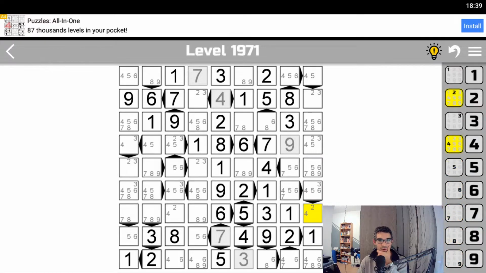Again, a 2 4 here, which I can't really use in any way. Did I forget to remove a number that I've already placed? 5, 6, 1, 6. No. I've removed all the numbers. 8, 9. 2, 3, 6, 9, 1.